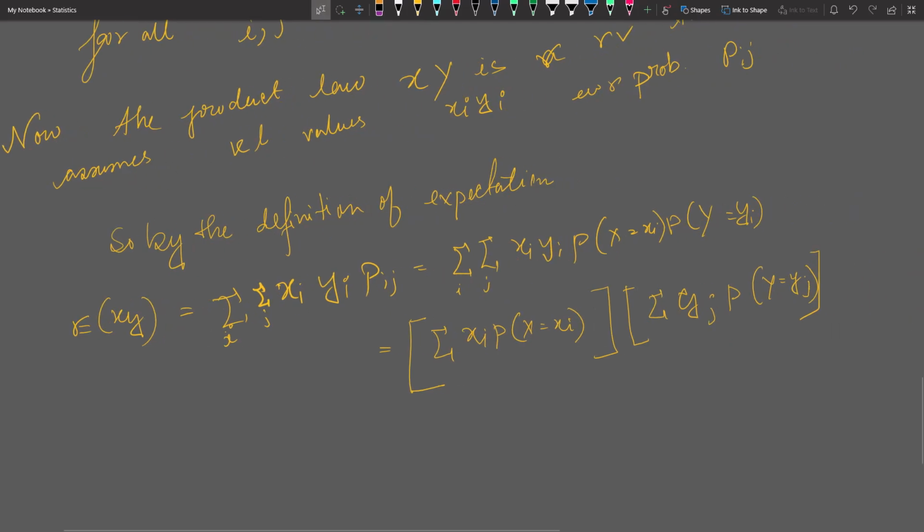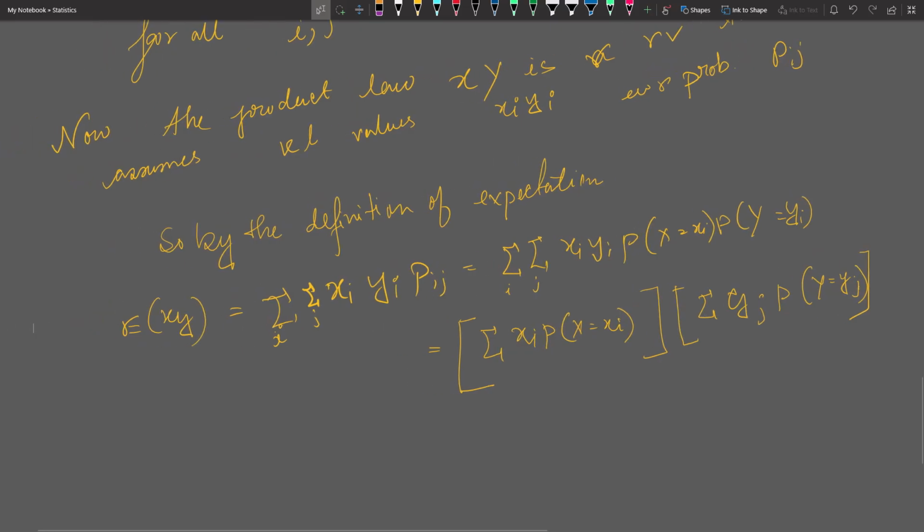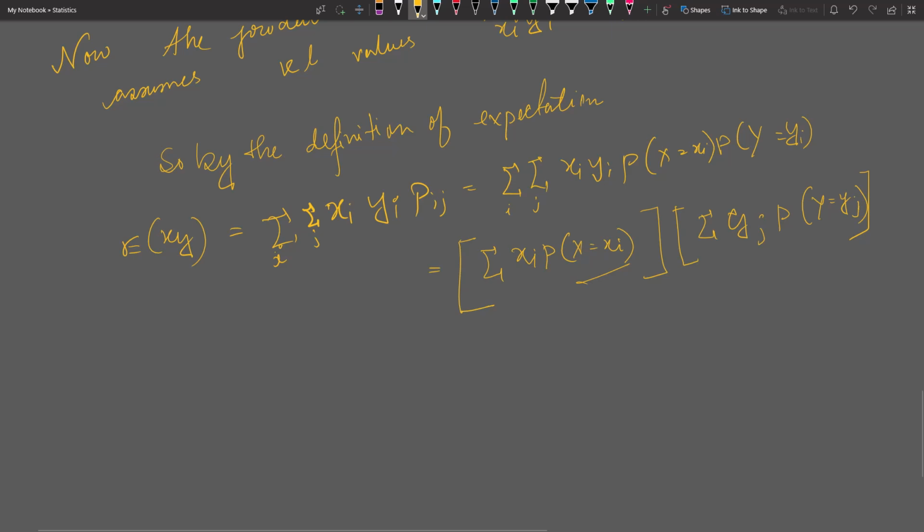I am just distributing these x_i from these to these, and this for these to this. So yeah, the next step will be our expectation, and this is also our expectation of x and expectation of y, so it's also proved.